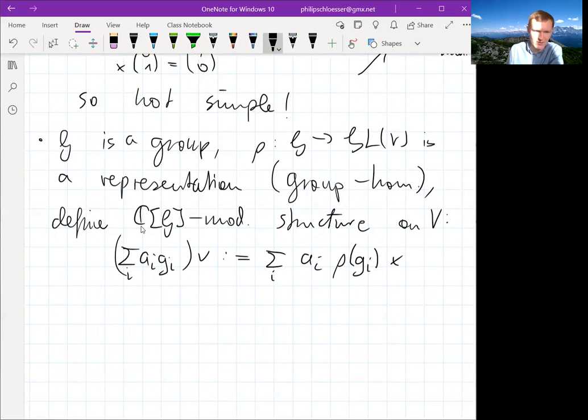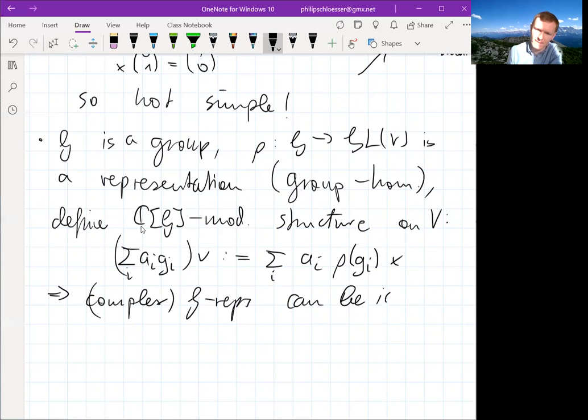We can also work backwards, by saying that G is contained in CG, and then define a representation from it. And that's why we say that complex representations of G are the same as, or can be identified with, CG modules.